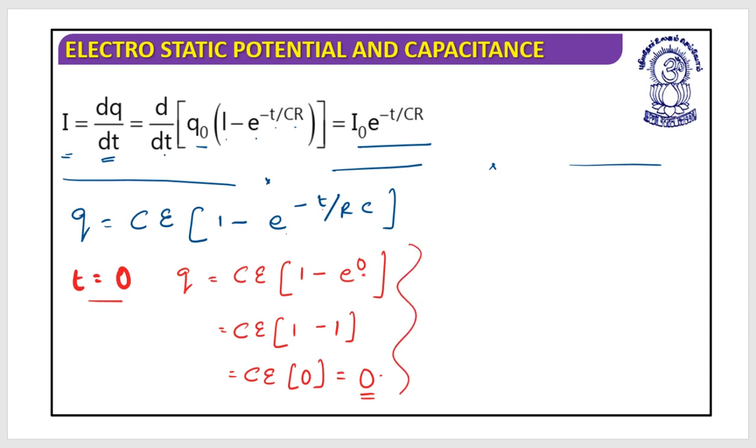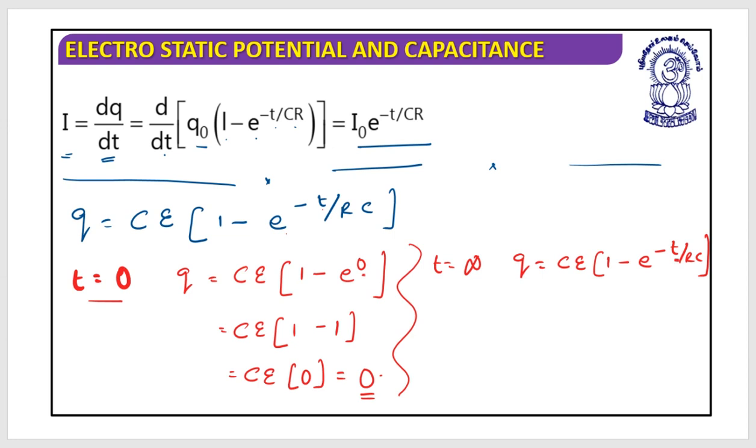Now let's look at the charge value when time is infinite. So we have q = CE(1 - e^(-t/RC)). This is my master formula.